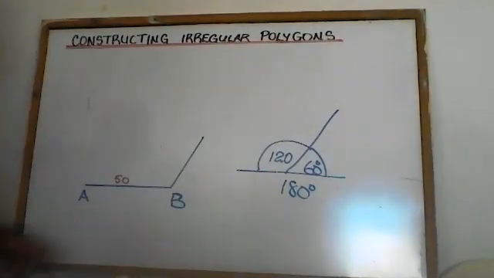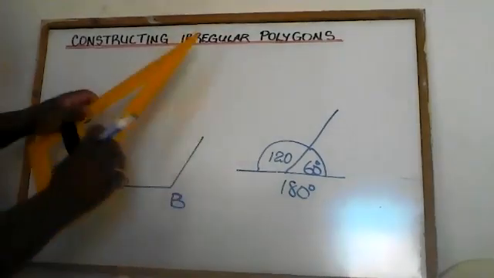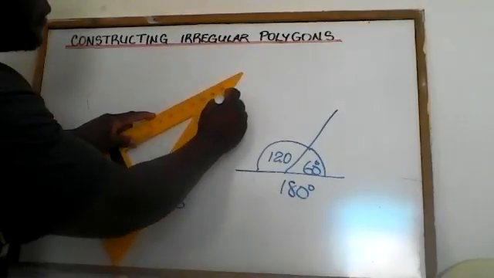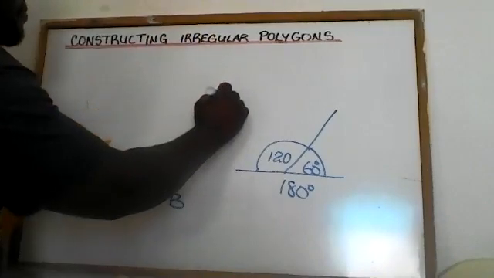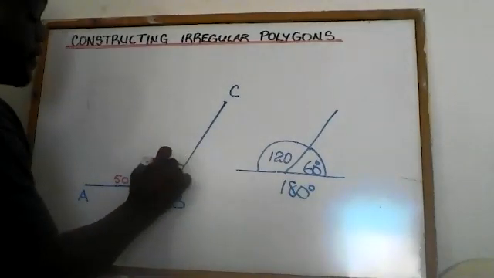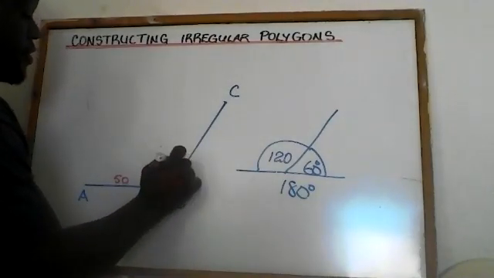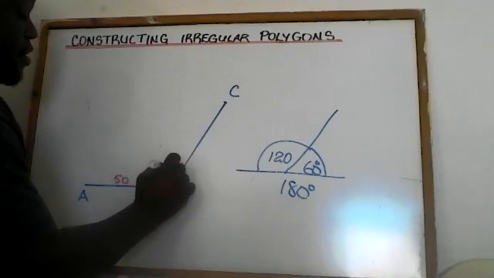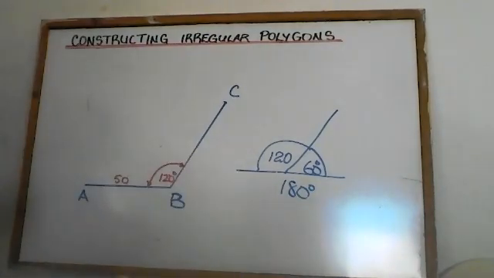Now, extend the line at B for 70 millimeters, and this will produce point C. Once again, the angle here at B is 120 degrees. The opposite side is 60. The sum of the two should equal 180. Now we have two sides of the irregular polygon.